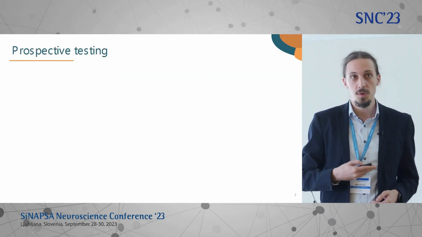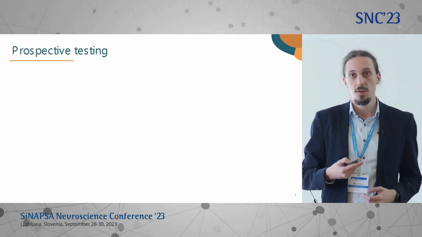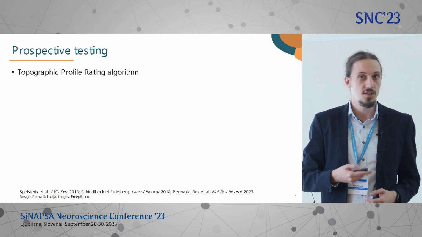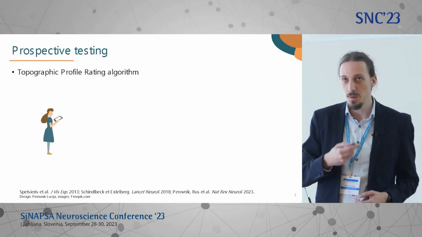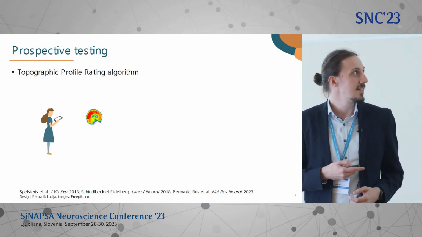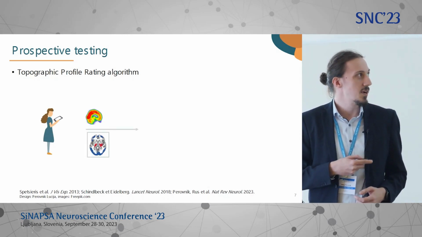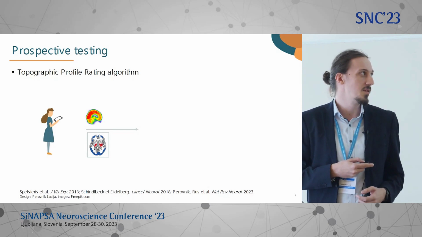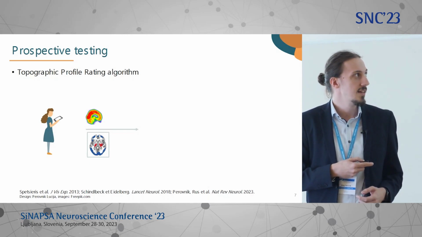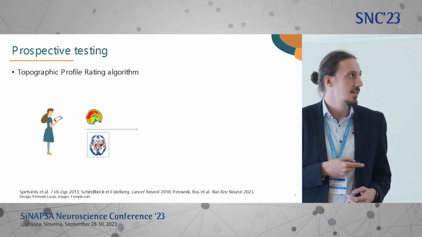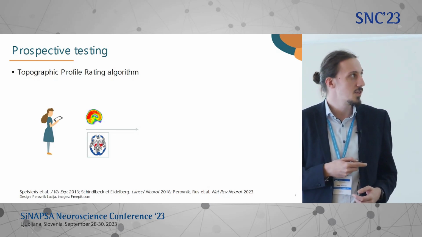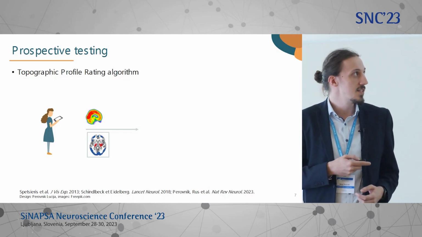Then in the next step, we can prospectively quantify, or calculate, the expression of a given pattern in a single patient. Here we have our lady, she is scanned, and we use the disease-related pattern that is characterized by regions of reduced and increased metabolic activity, a so-called network of functional connections.